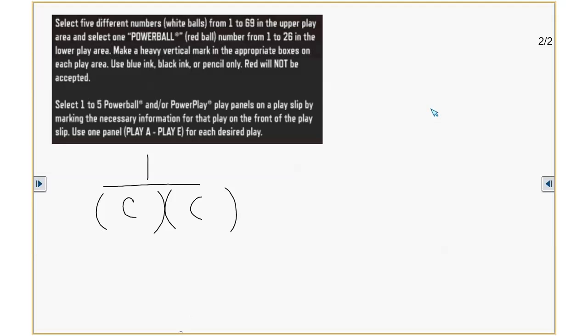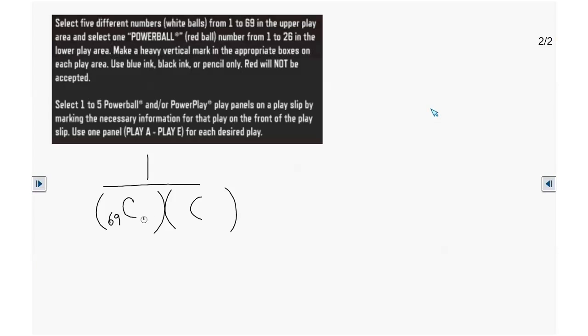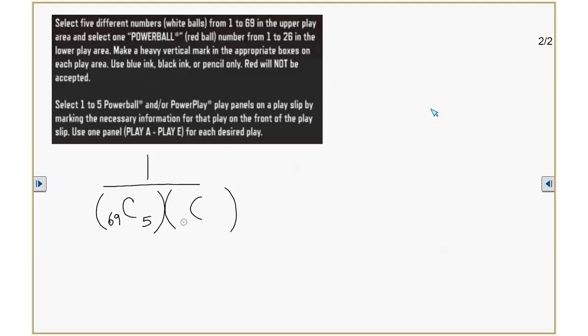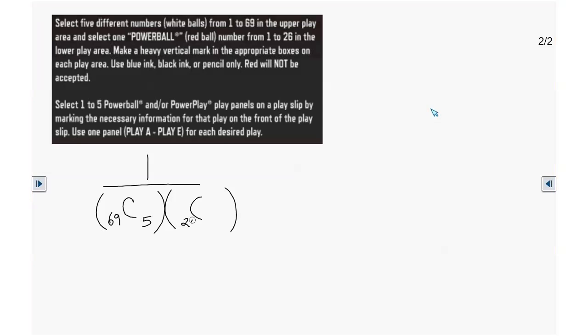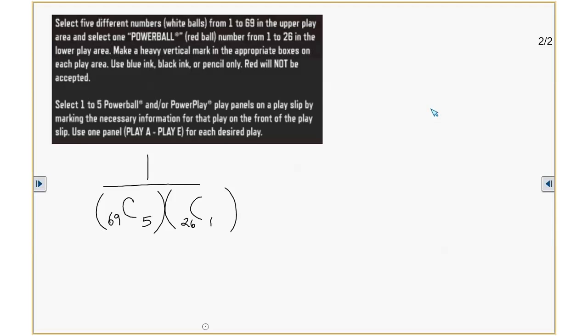What is the probability of you getting the 5 balls and, notice I said and, the red ball. So this would be 69 combination of 5 and 26 combination of 1. So now you just have to punch it in your calculator.